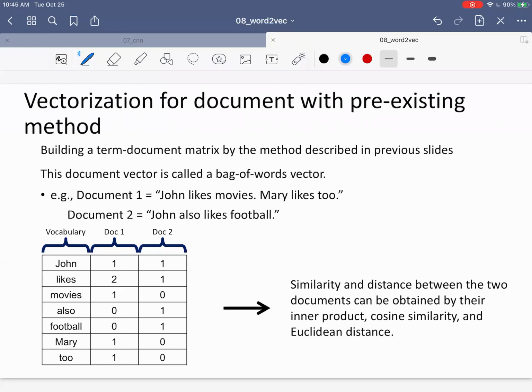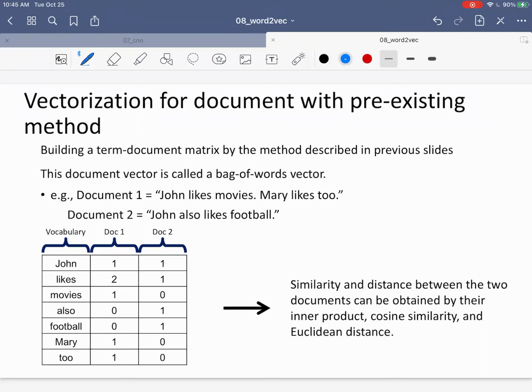When you want to do sentence classification, whether a sentence is a positive sentence or a negative sentence, we need a sentence representation, which is a vector form of a sentence, in order to classify. If you want to classify a document's category, like whether it's a sports article, a politics article, or a science article, you need a vector representation of a document. So we run into the same problem.